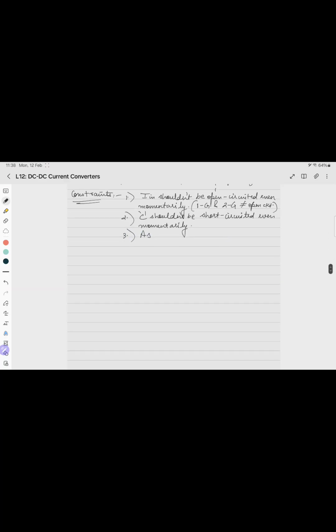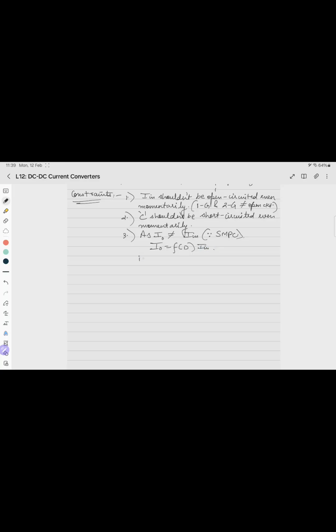Another thing is that I0 will not be equal to IN because it is a switch mode power converter device. So I0 will be some function of IN.